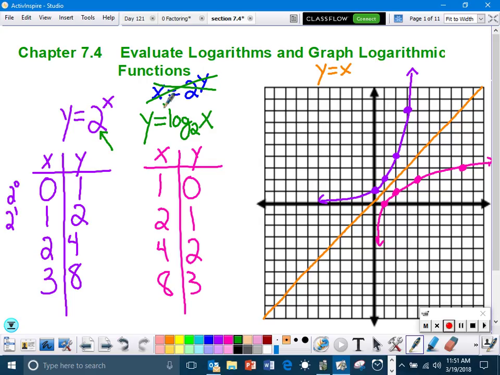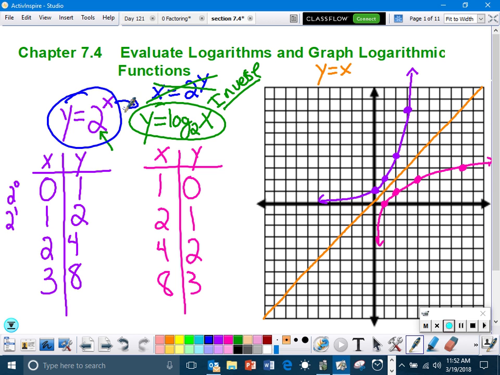So this is the inverse of y equals 2 to the x power. We're going to learn more about that as we go through this lesson. So just know that when we go from here to here, that's the inverse.